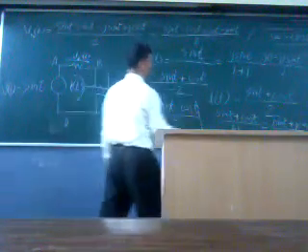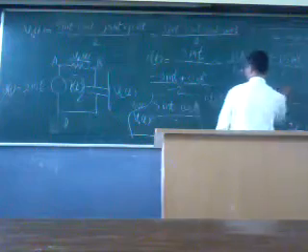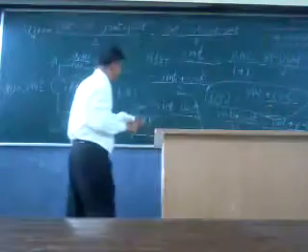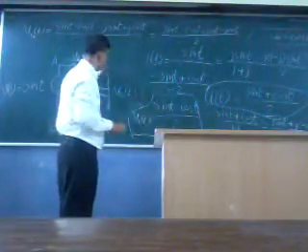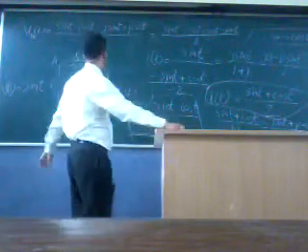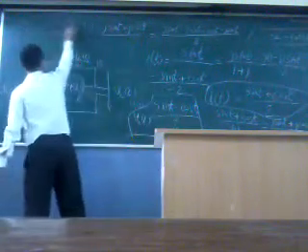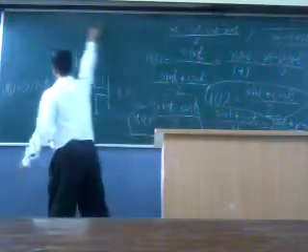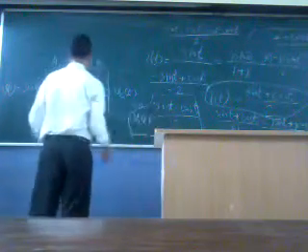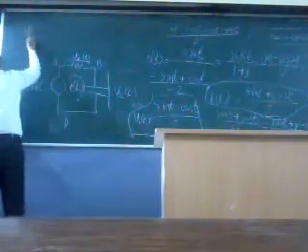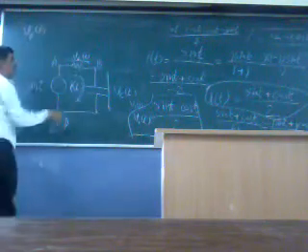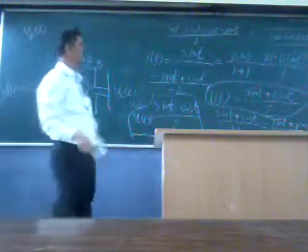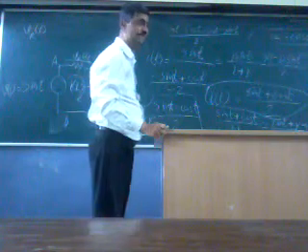What was IT? Then what is VR? VOT is VCT, because it is across the capacitor only. What is VRT? Now compute VRT. VRT must be equal to IT, because R is 1.